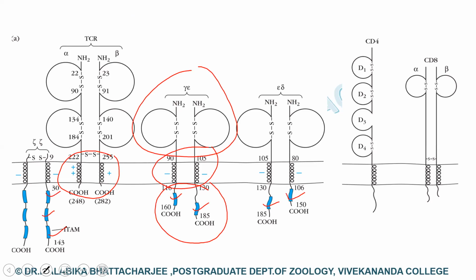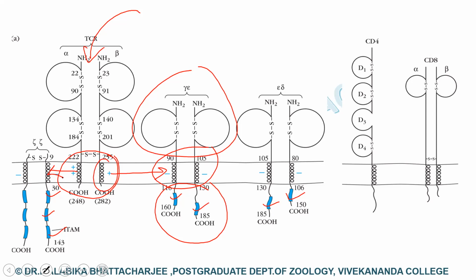So the question was that once TCR recognizes the peptide-MHC complex, the TCR is activated. And once activated, these positively charged amino acids start interacting with the negatively charged amino acids of the CD3 molecules.